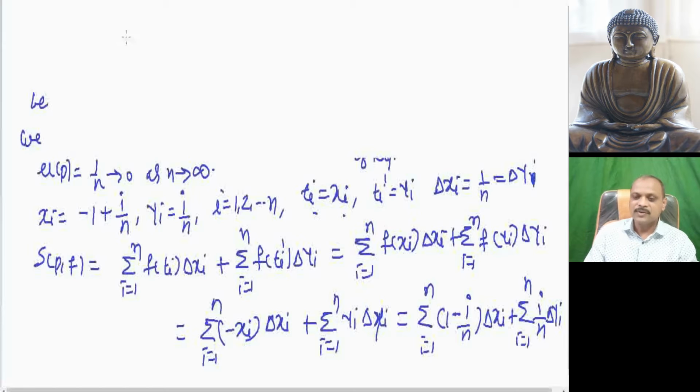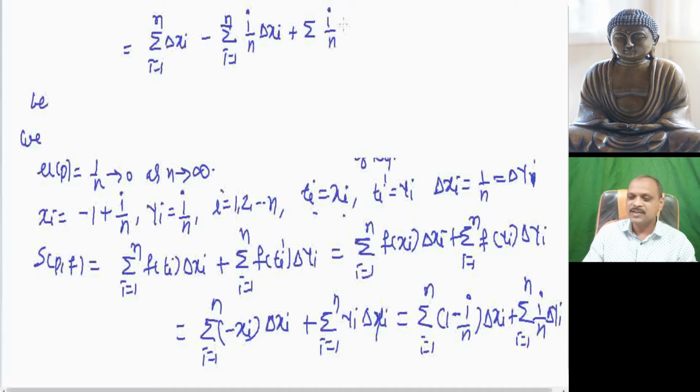This is equal to summation of delta xi, i equal to 1 to n, minus summation of i divided by n into delta xi, i equal to 1 to n, plus summation of i divided by n into delta yi. But what is the summation of delta xi?